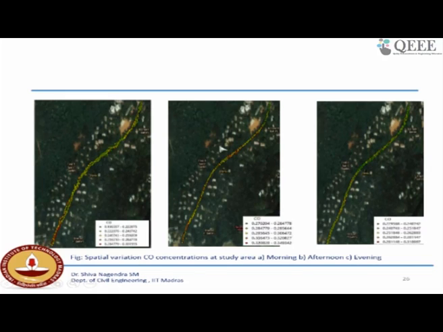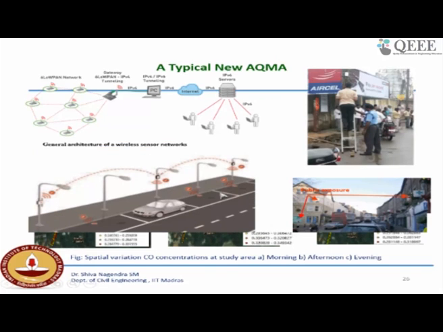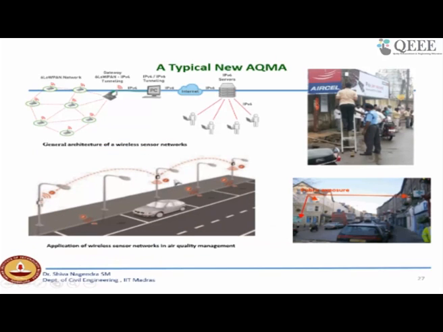So you are even able to identify the congestion pattern, and this gives an idea of the air quality for the entire stretch. In this area there is a possibility of a small congestion, so you can link it to a possibility of traffic congestion at this particular point.